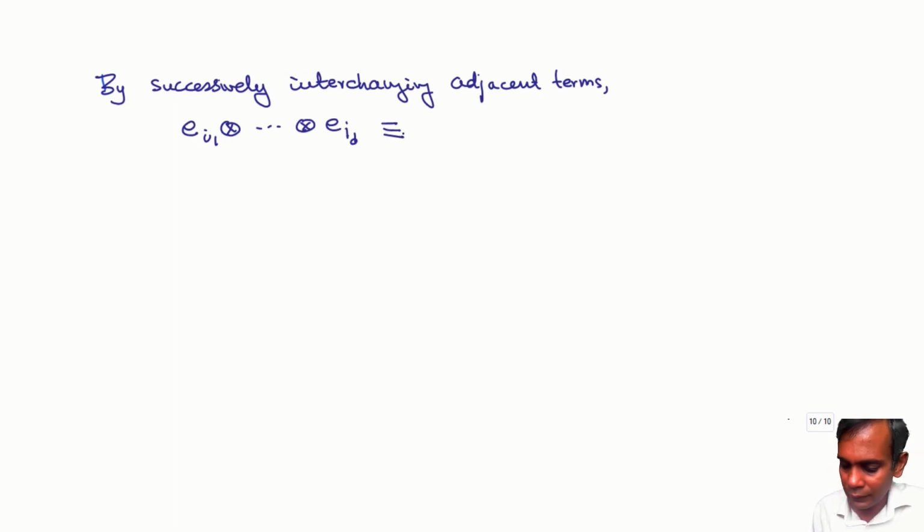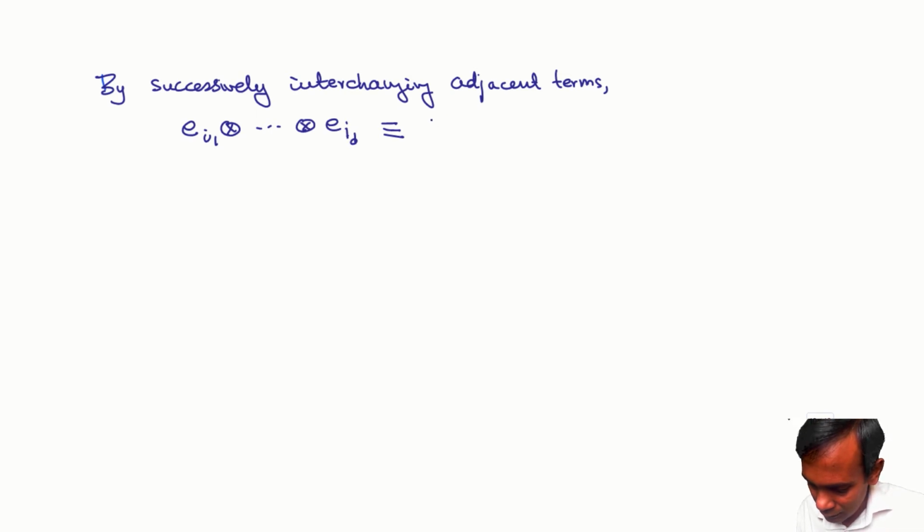We can show this using something similar to the bubble sort algorithm, which you may have seen. By successively interchanging consecutive terms in a list, you can turn it into a sorted list in increasing order.